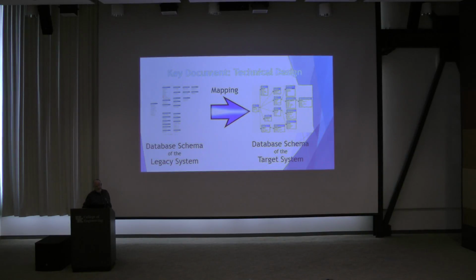Okay. All right, now, once we get right down to the nitty-gritty, this is really our target, of the work that we do: to create this mapping. So the idea in the little picture here is that there is a database schema of the legacy system. And frankly, if that actually exists, it's a miracle. Usually one of the first jobs we have to do is ask the client for this sort of thing.